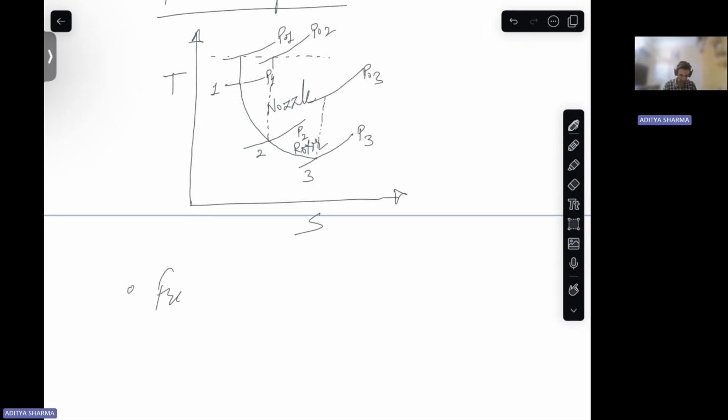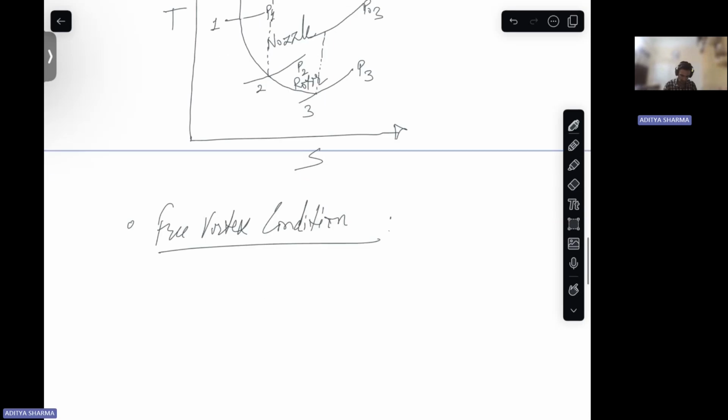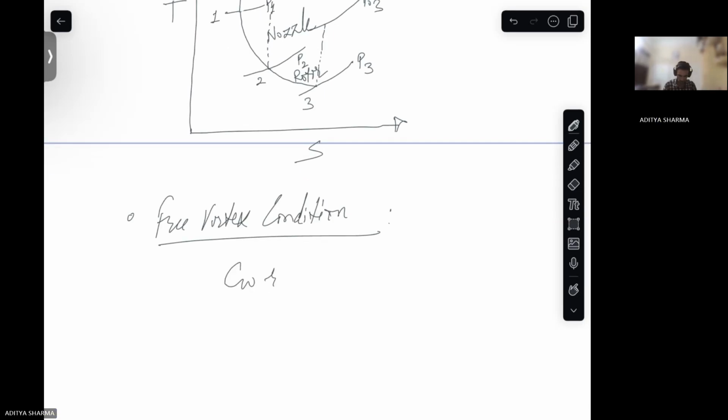Then there are two conditions. One is the free vortex condition, for the free vortex design, which is from previous lectures: tangential velocity times your radial distance should be constant.